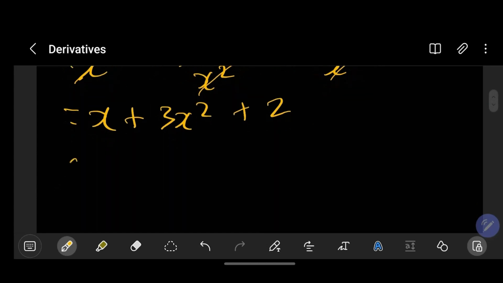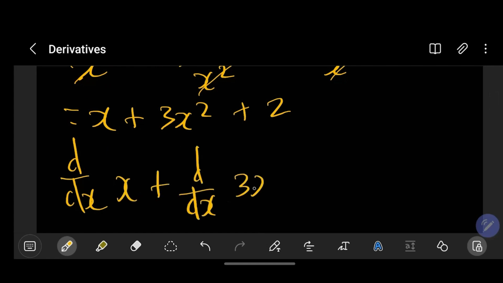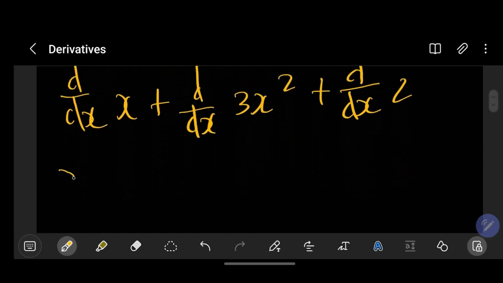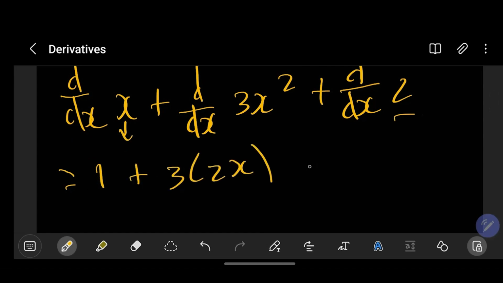So we can now have d/dx of x plus d/dx of 3x squared plus d/dx of 2, and solving these derivatives, this is basically 1, as I mentioned earlier, plus 3 times 2x. That's a constant, so that's plus 0. So our final answer is 1 plus 6x.